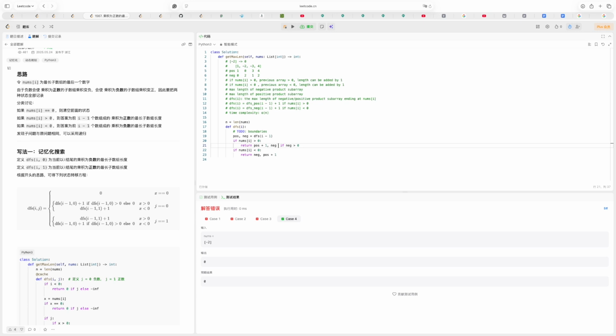Okay, so plus 1 only, like this, else 0. Okay, cool. Yeah, it explains this. When it is smaller than 0, it's positive.